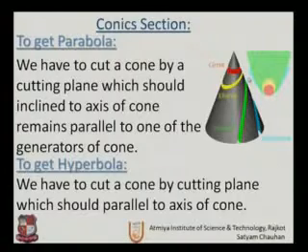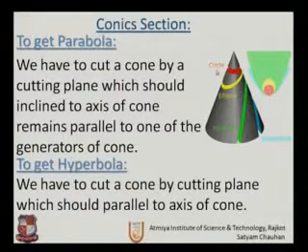Our cutting plane should pass through the base of the cone and the angle is more than for the ellipse. Here the condition is we don't have to cut all the generators of the cone. Instead, we have to cut one of the generators of the cone, and that curve is called a parabola.